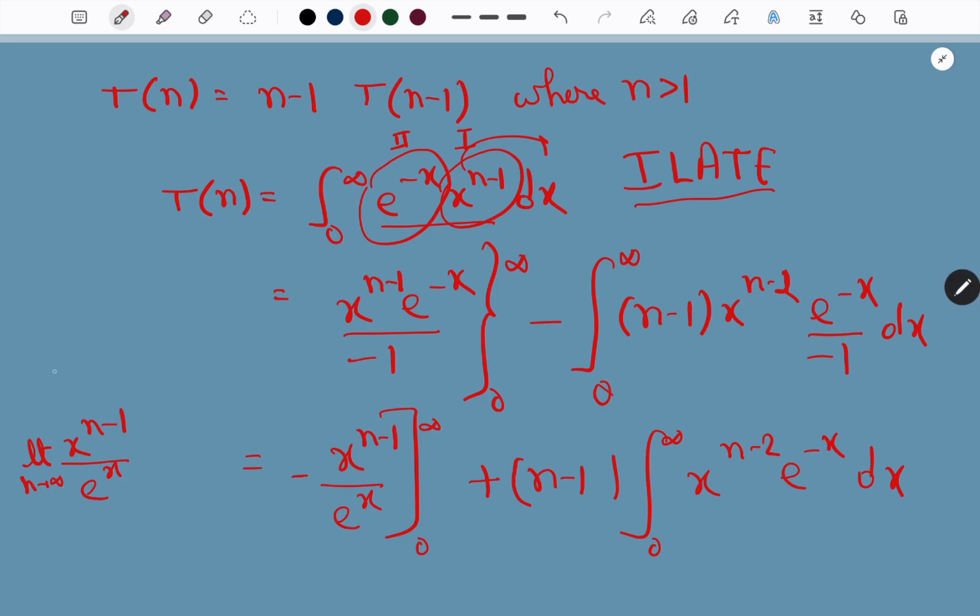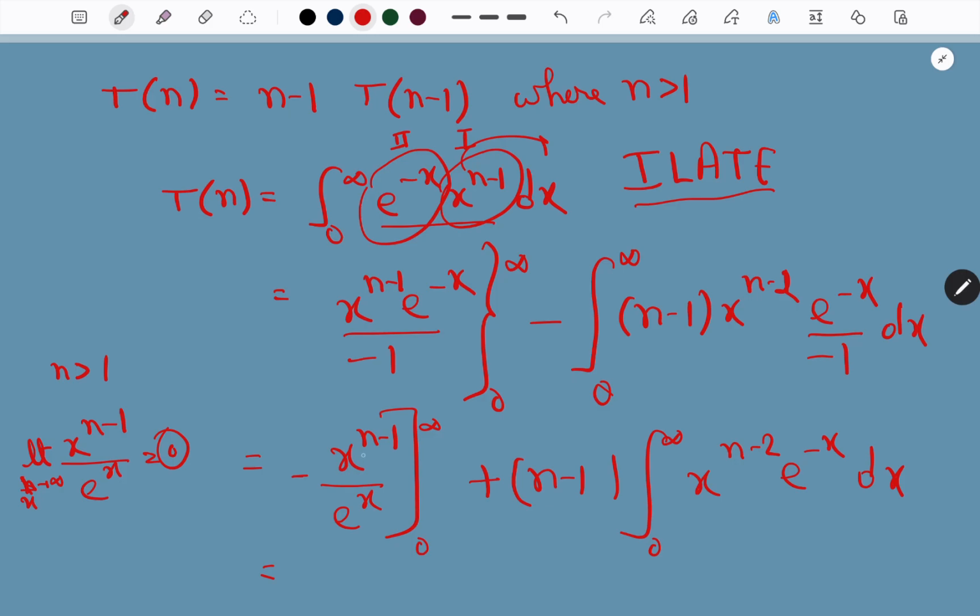Yeah, for n greater than 1, as x tends to infinity, this value becomes 0, and again for x ranging from 0, this will be equal to e to the power 0, that is 1, so minus minus gets a plus sign, and hence the value will be n minus 1.